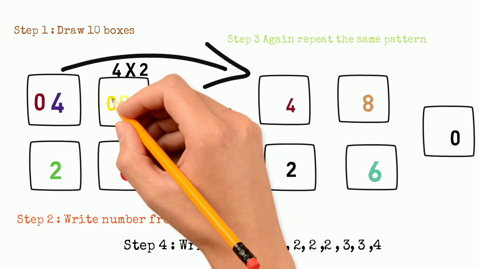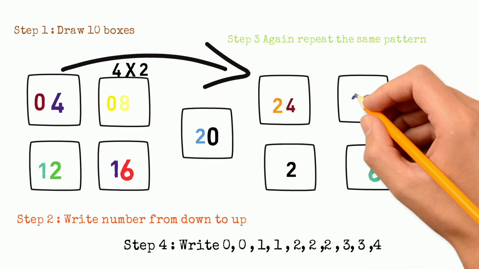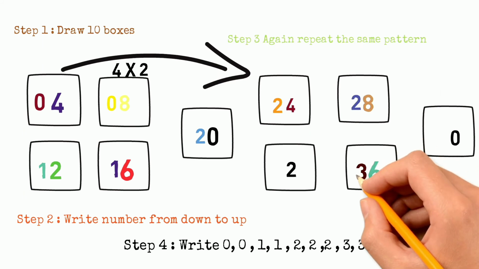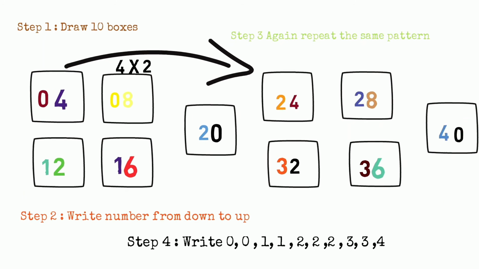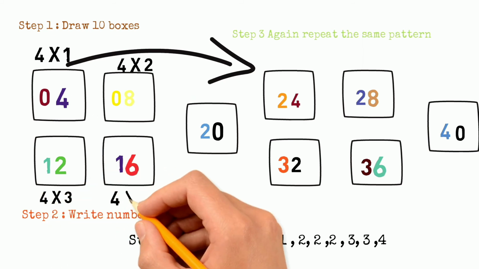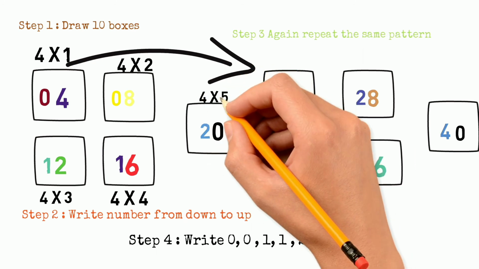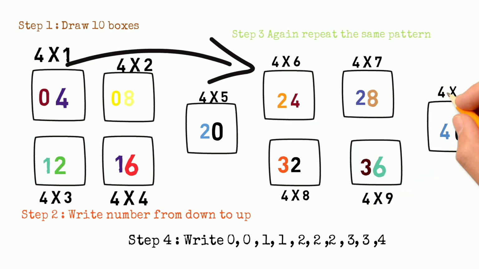Now complete the table. 4 times 1, 4 times 2, 4 times 3, 4 times 4, 4 times 5, 4 times 6, 4 times 7, 4 times 8, 4 times 9 and 4 times 10.